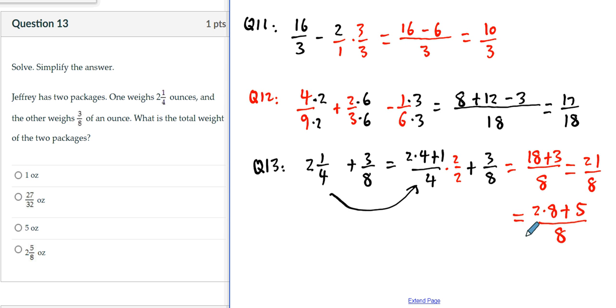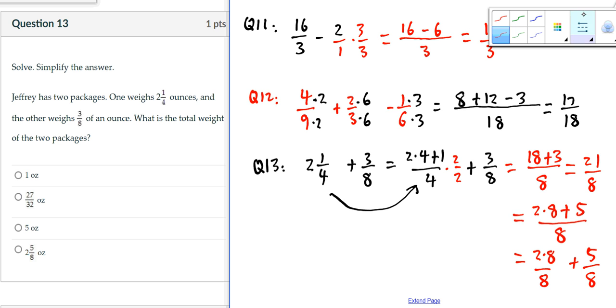The reason we want to do that is, you break up 2 times 8 and here plus 5, and write this separately. That's not a problem because the denominators are the same, 8, and you add the numerators. 2 times 8 plus 5 is 21.